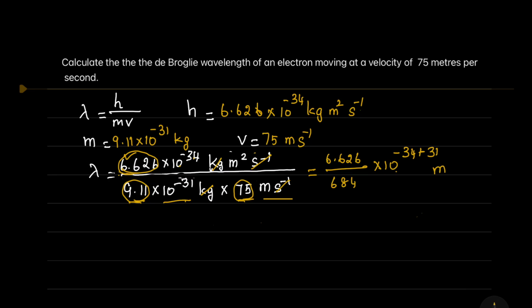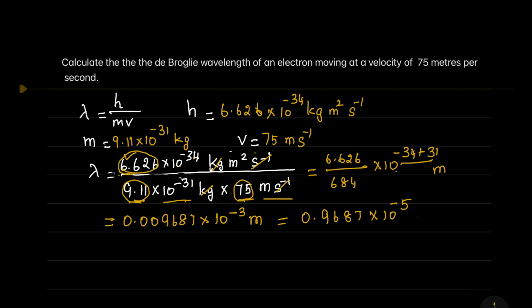On further simplification, 6.626 divided by 684 will give the value 0.009687 into 10 raised to the power of minus 3 meters, or this can also be written as 0.9687 into 10 raised to the power of minus 5 meters.